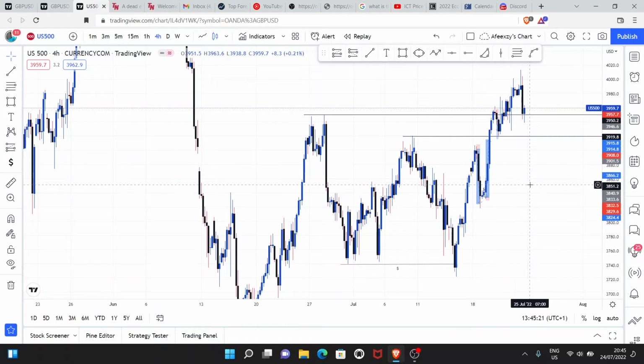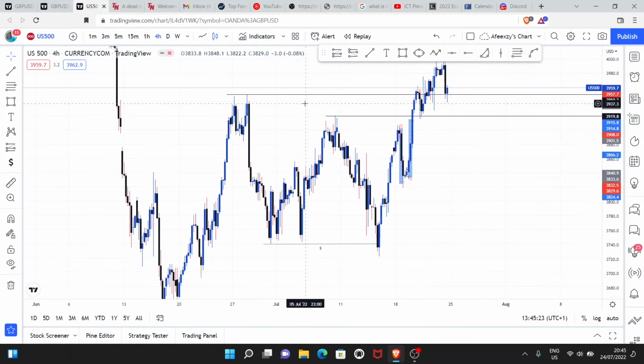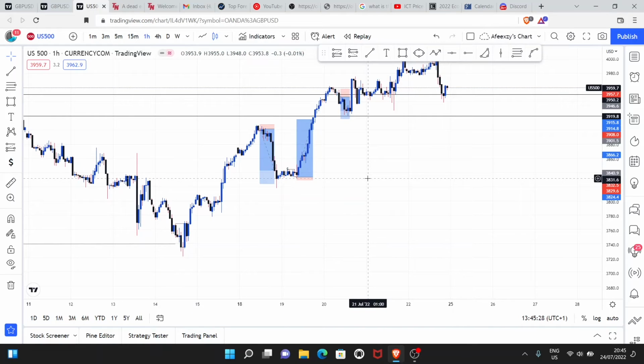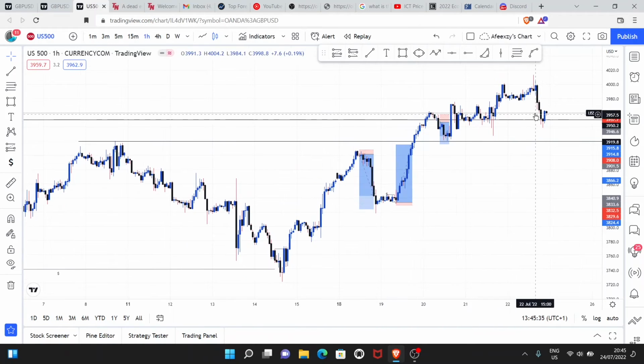These are trades I took on the S&P. It moved very nice. Last week was amazing. Also, this move I saw it last week. I just left it because it happened during the Friday.